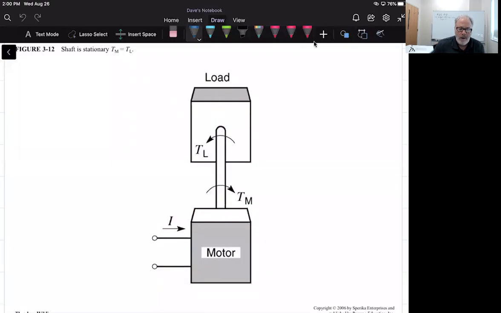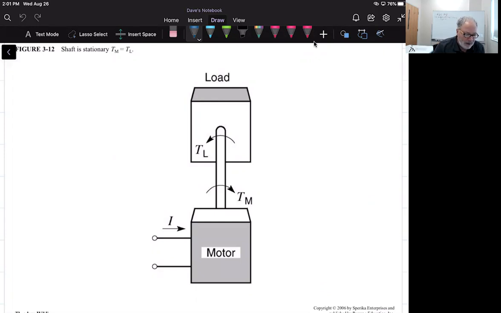Now we're going to be looking at three different figures: figure 312, figure 313, and figure 314. And what we're going to see is something in common with each of these. We're looking again at three factors, and this relates to electrical motors driving a mechanical load.